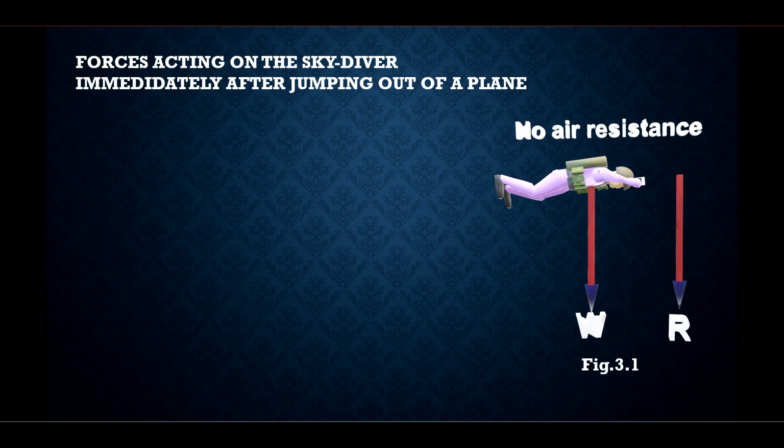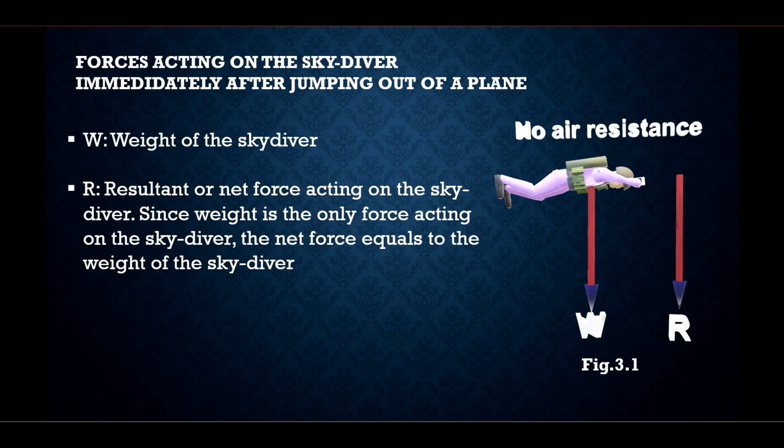Figure 3.1 shows forces acting on the skydiver immediately after jumping out of the plane. W is weight of the skydiver, and remains constant throughout the fall. R is the resultant, or net force, acting on the skydiver. Since weight is the only force acting on the skydiver, the net force equals the weight of the skydiver.